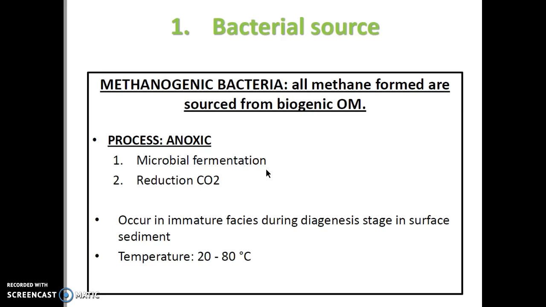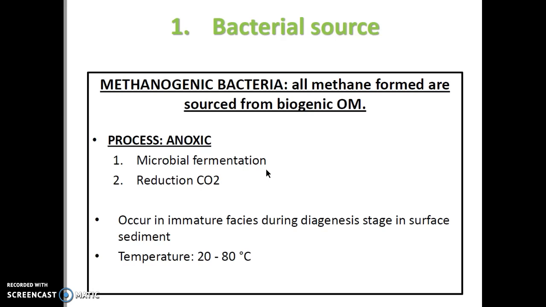The second process is the reduction of carbon dioxide. Once bacteria consume the organic matter through the fermentation process, it will generate carbon dioxide, and through that carbon dioxide there will be a reduction process, which we call the carbon dioxide reduction process. This process occurs when bacteria form methane, reducing the carbon dioxide content in the sediments and water column.